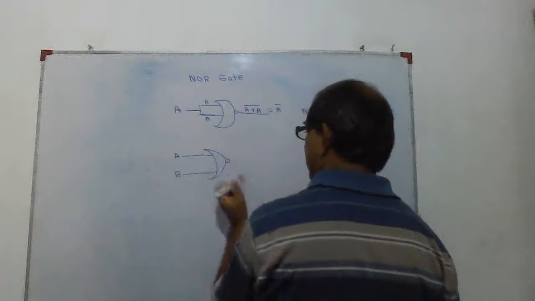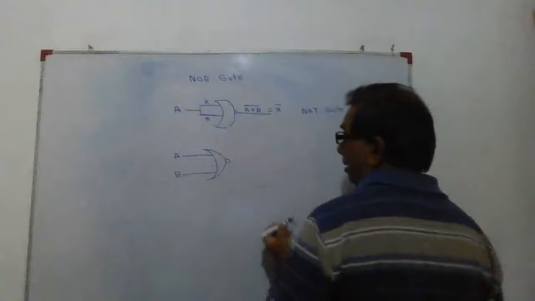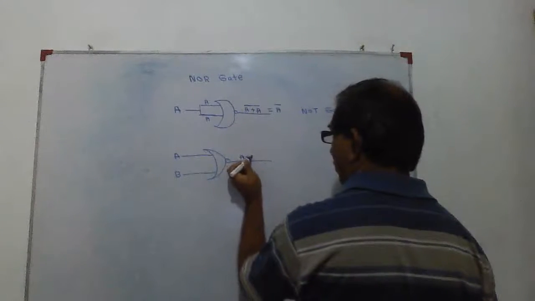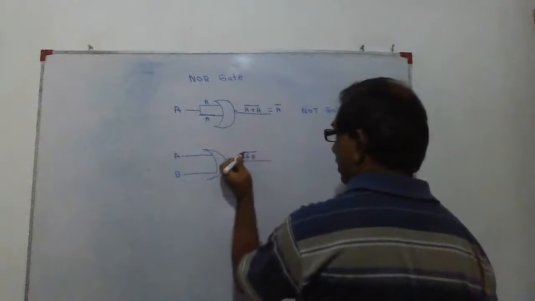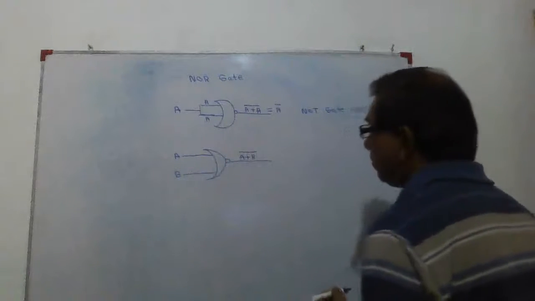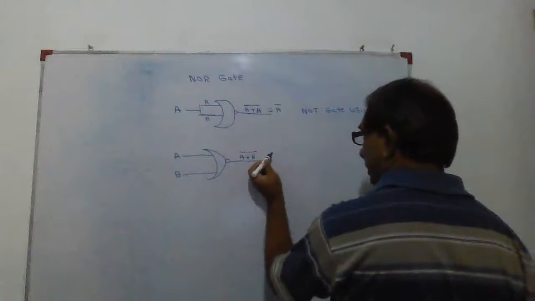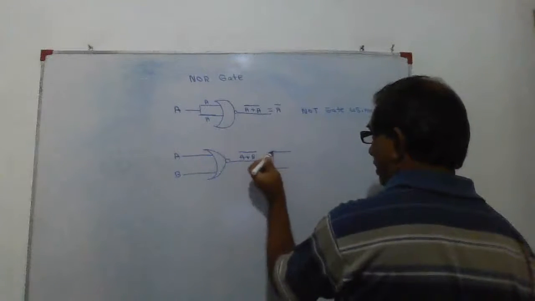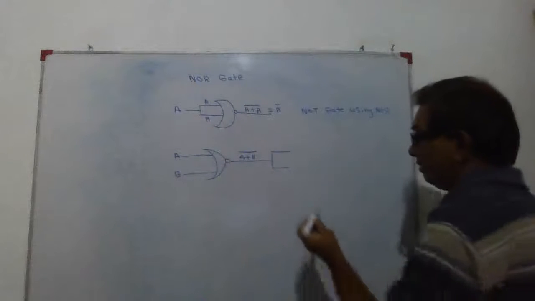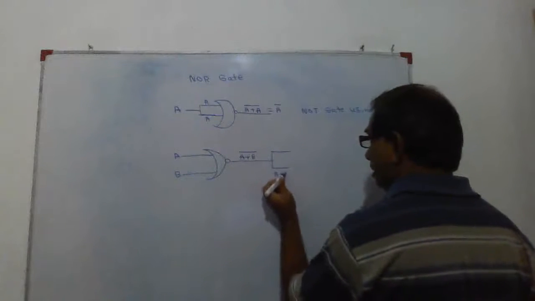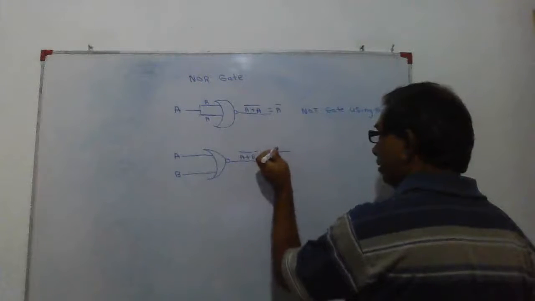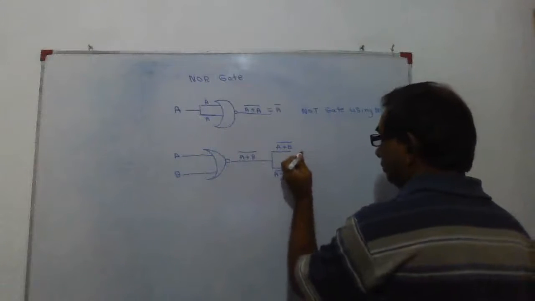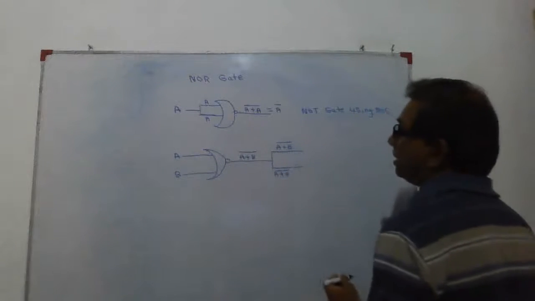Now put the inverter and take A NOR B, bar. Then this output is passed into another NOR gate, the output can be passed from both sides. We use the same output here, A NOR B bar, here also A NOR B bar, into another NOR gate.